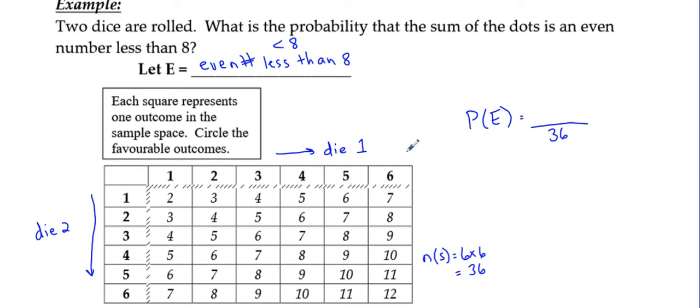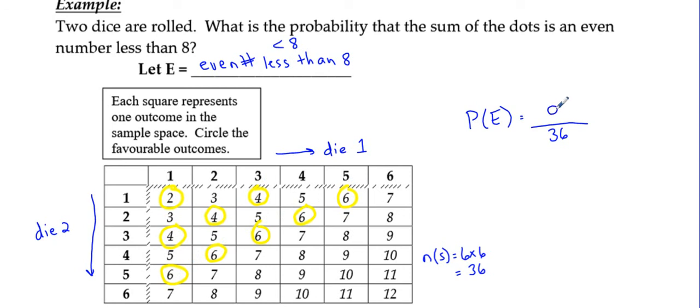And to count how many of these are favorable, we're looking at how many are even and less than 8. So that's the 2s, the 4s, and the 6s. Less than 8 does not include 8. So that is 1, 2, 3, 4, 5, 6, 7, 8, 9.